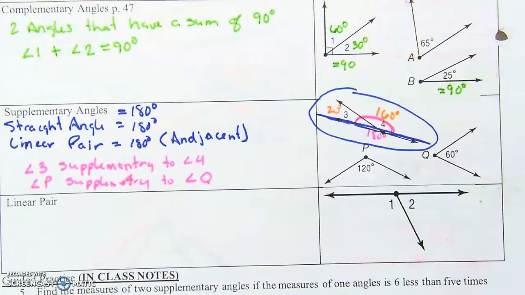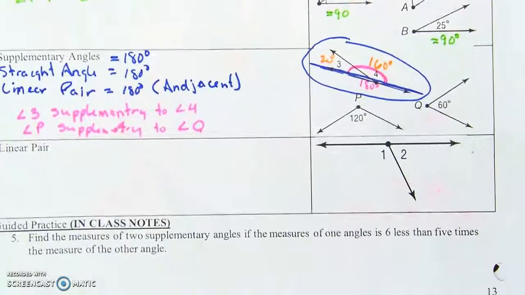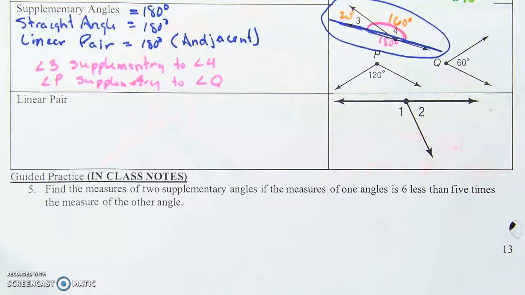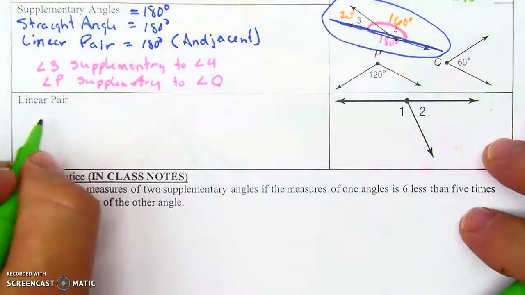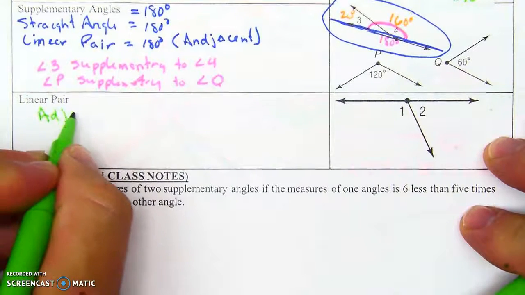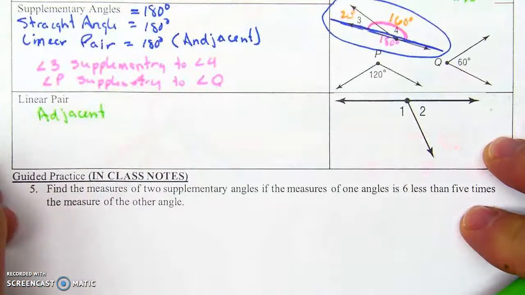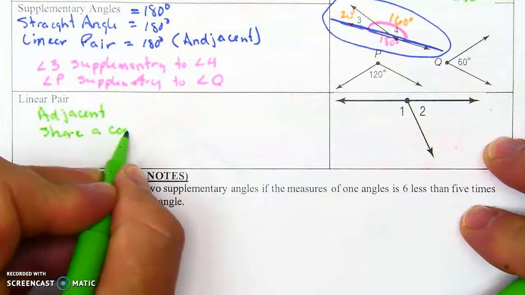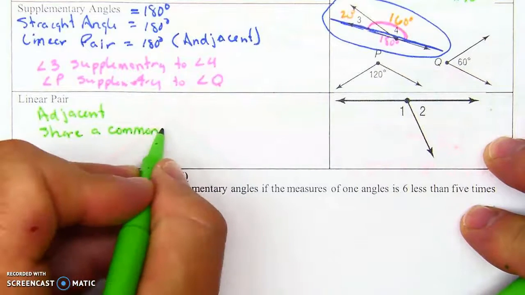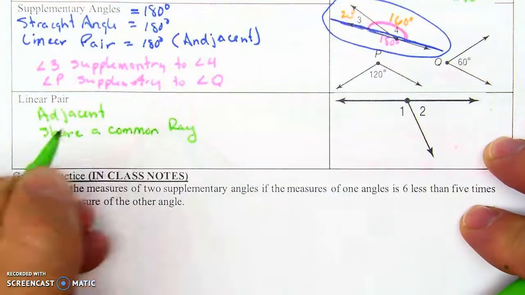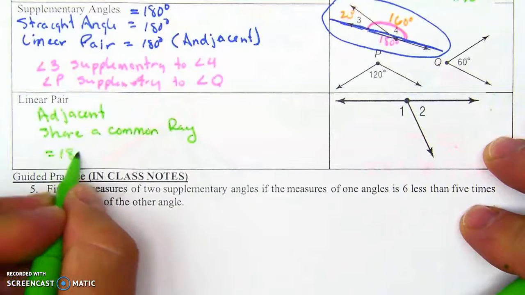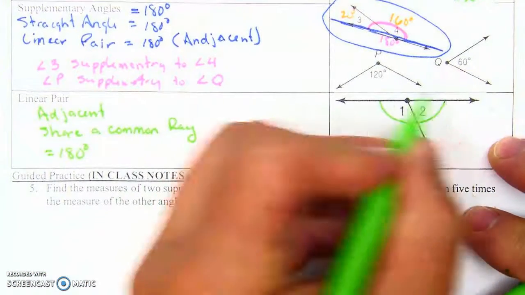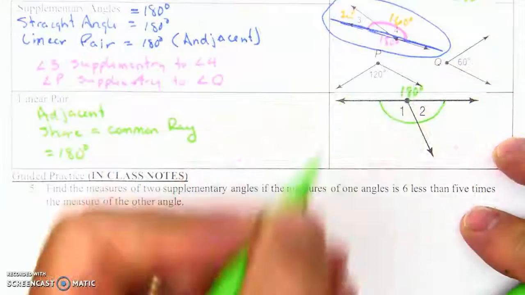Okay, all right. Now, I'm not going to spend a whole lot of time on this one, because we've already talked about it quite a bit. A linear pair, again, is what? They have to be adjacent. They have to share a common ray. And they also have to equal 180 degrees. So again, if I draw a semicircle in here, that equals 180 degrees.